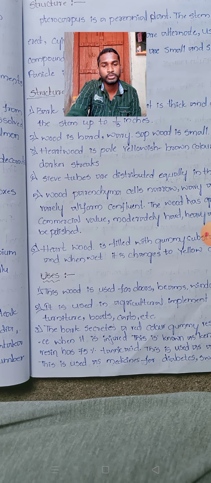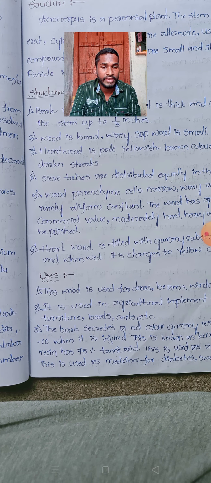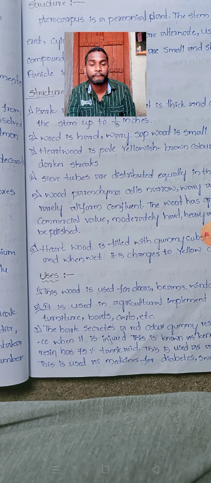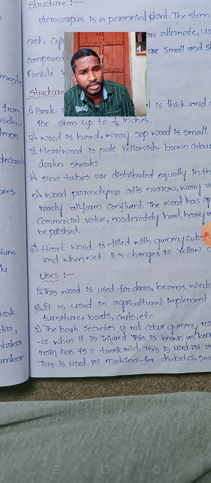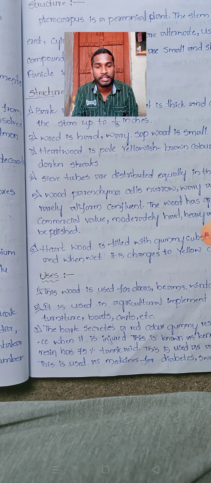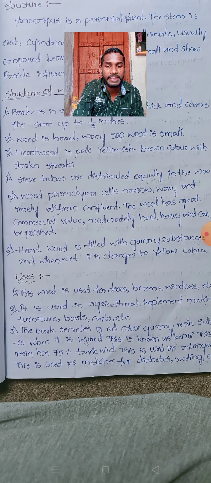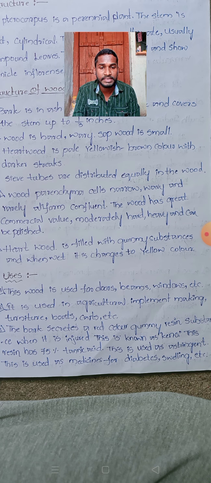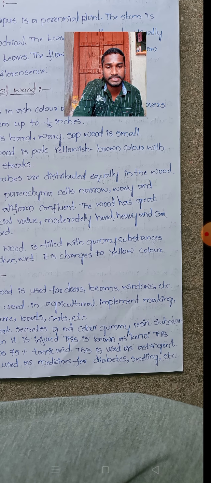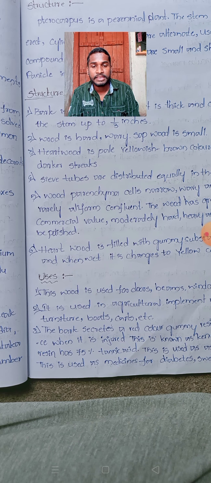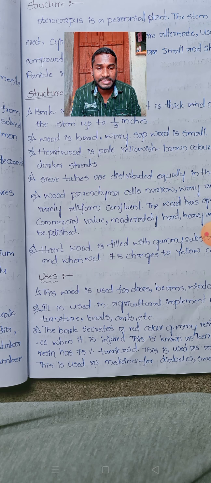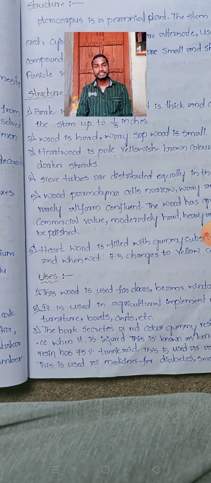It is also used for agriculture implements, furniture, boats, carts, etc. The bark secretes a red gummy resin substance when it is injured.